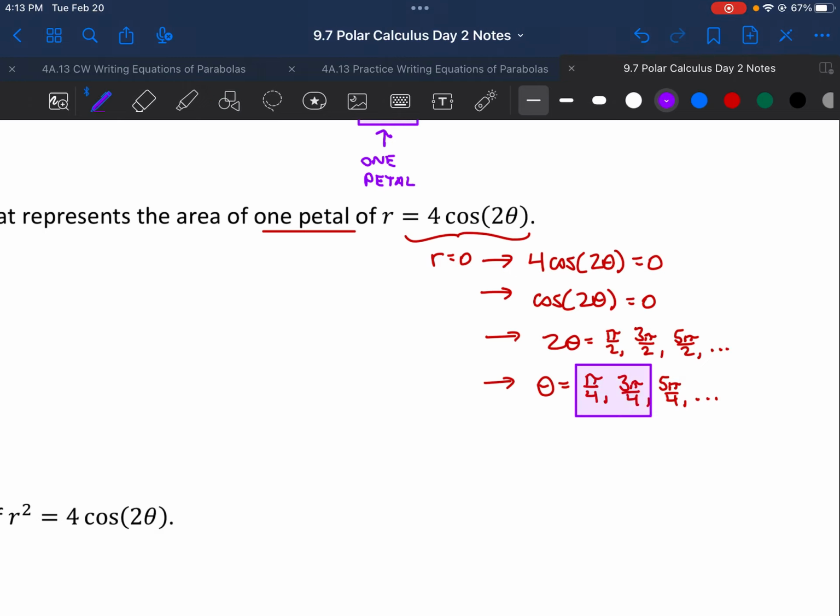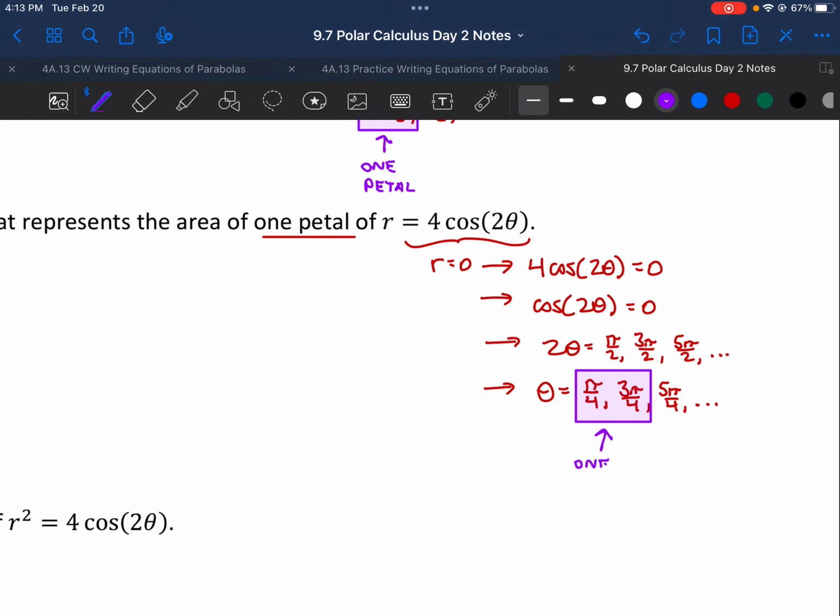Okay, one single petal. I'm just going to use the first two, pi over 4 to 3 pi over 4. All right, so this is going to generate one petal for us.